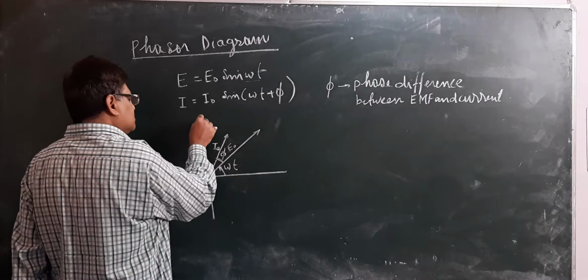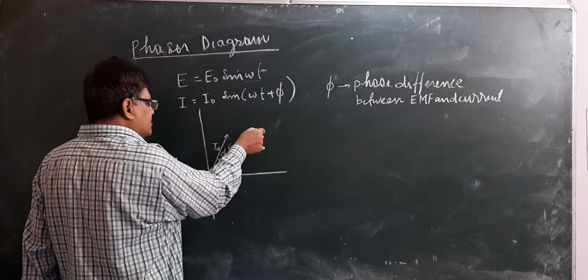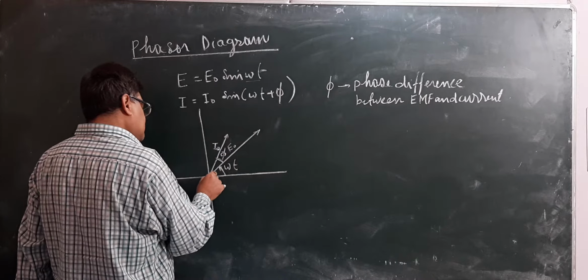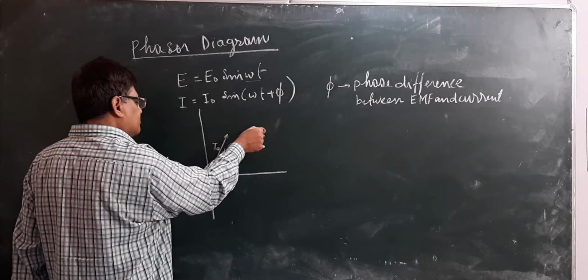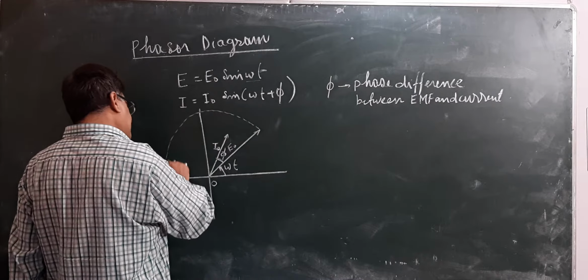Now suppose taking E naught as the radius and this origin at the center, we will complete the circle. So we complete the circle like this.